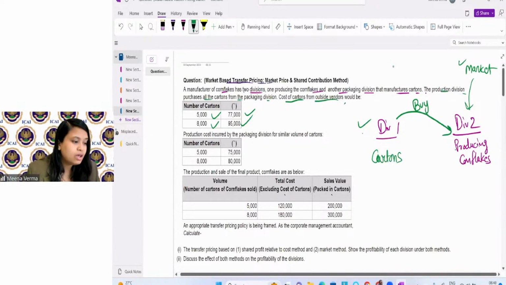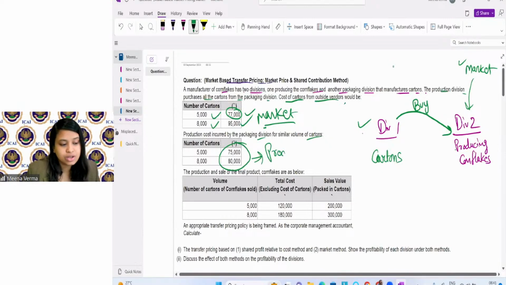All right. Then production costs incurred by the packaging division for a similar volume of cartons. Instead of buying from the market at that price, you can produce within the organization, and this will be the cost you incur for the production.